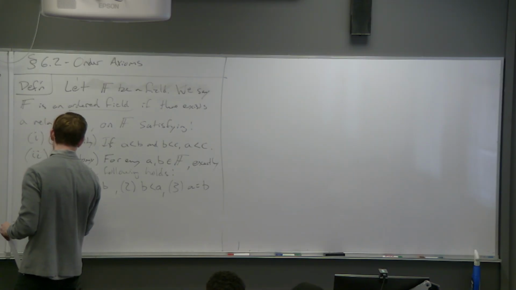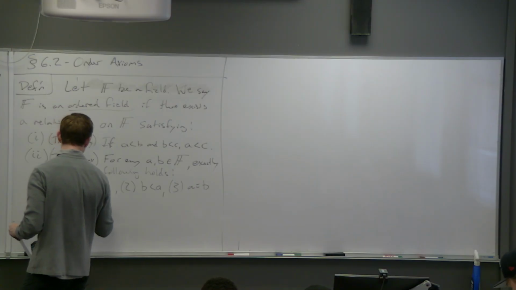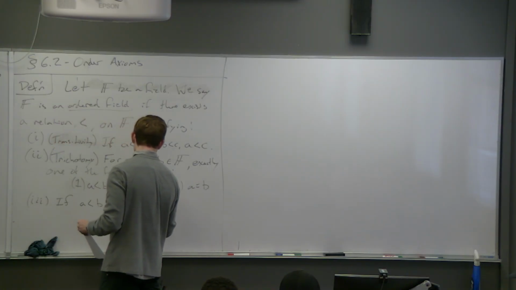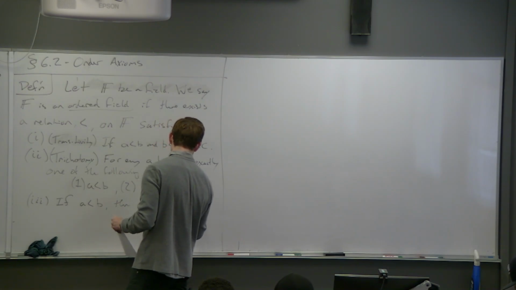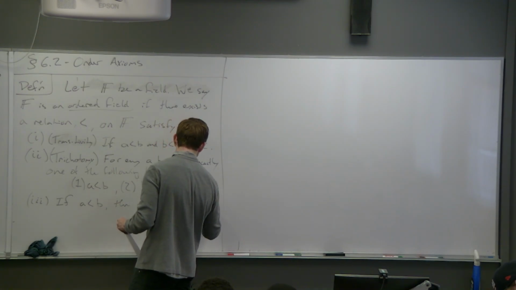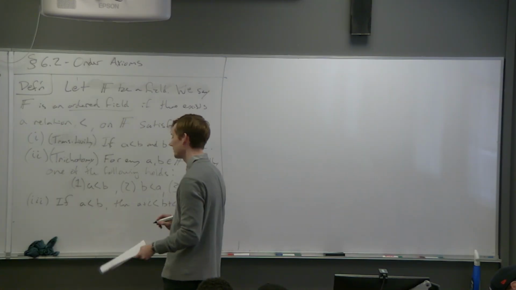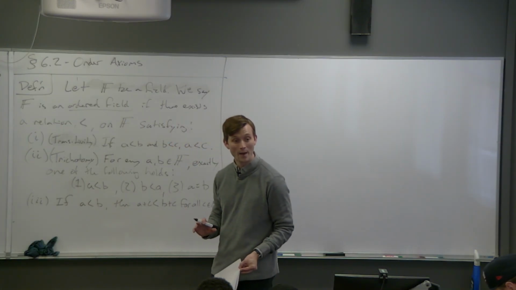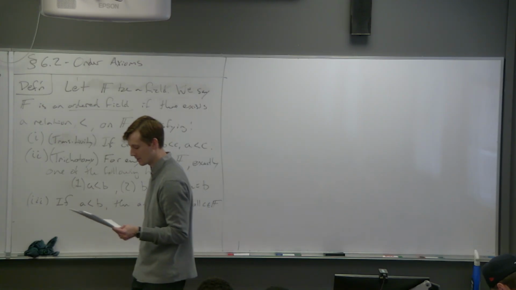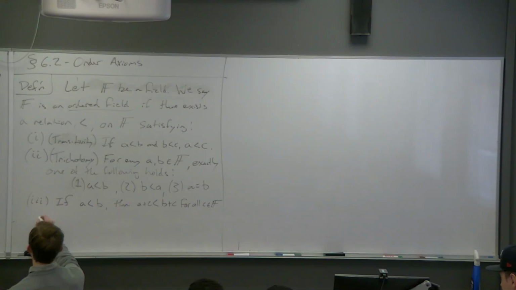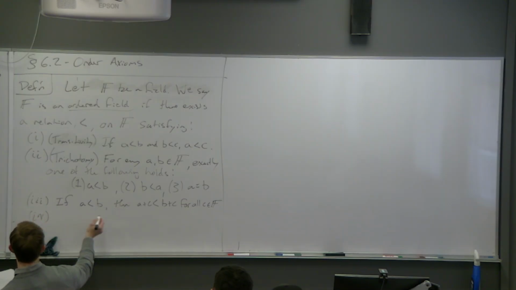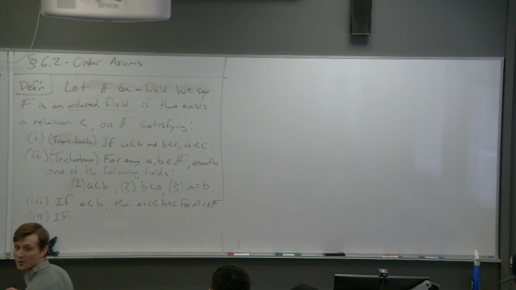3, or are we at the end, we are almost at the end. If A is less than B, then A plus C is less than B plus C for all C in the field. That is, it's compatible with the additive structure. And finally, can you imagine what the other compatibility condition will be? Well, a field has 2 operations. It'll probably be the multiplicative structure, yeah?